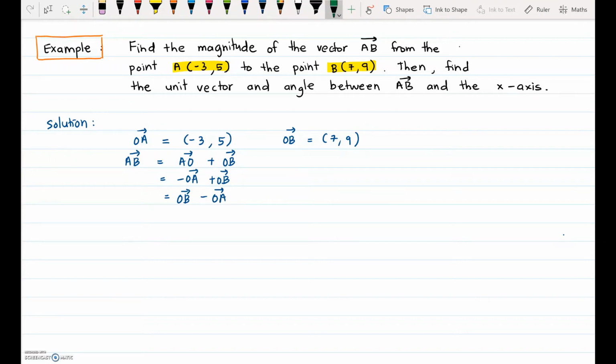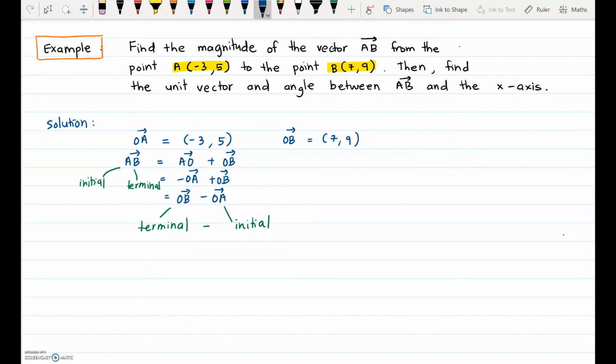So we have simplified the formula of AB, that is, terminal minus initial. A is your initial and B is your terminal. This is the formula that we have discussed before this.